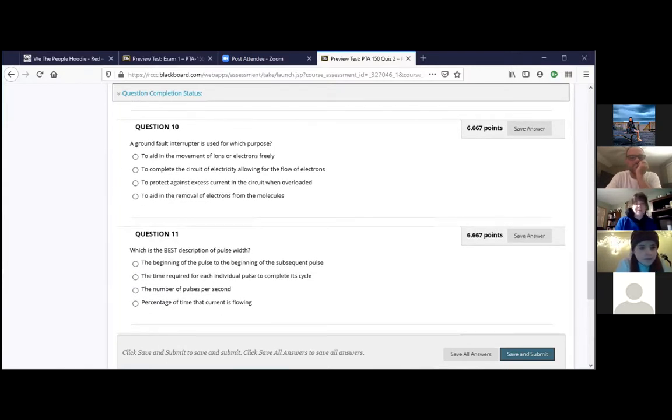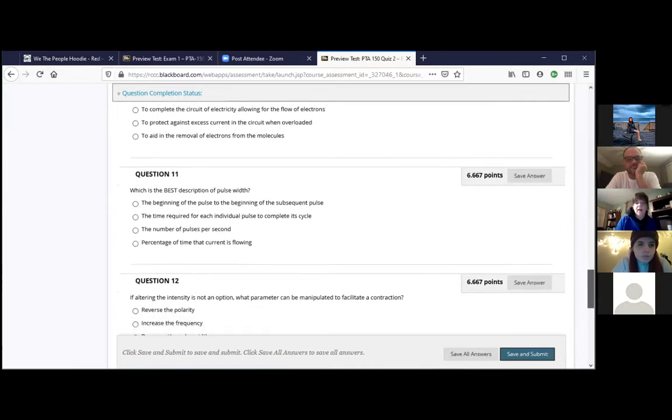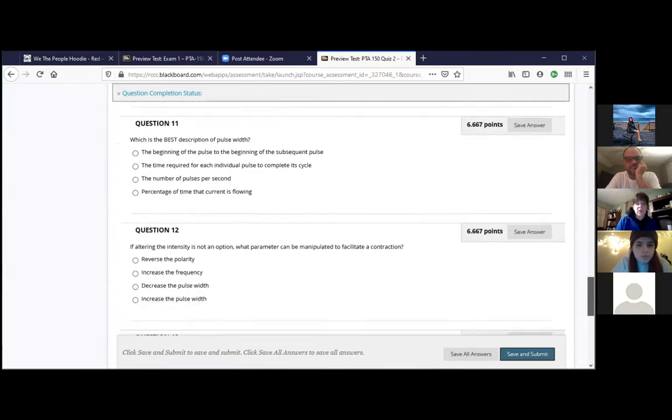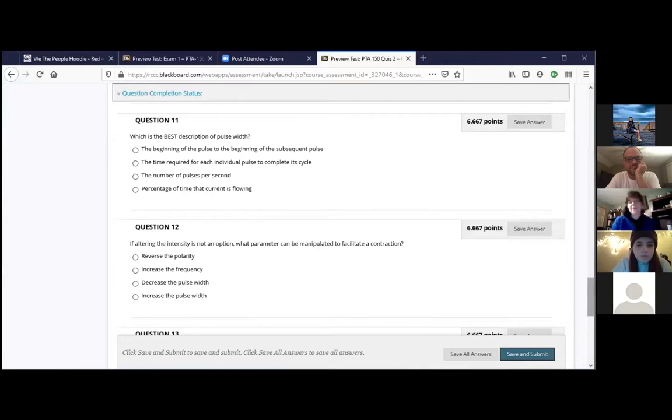All right, number 10, ground fault. The third, to protect against excess current in the circuit when overloaded. That's exactly right. Good. All right, pulse width. This one's come up, I think, on 2 tests so far.